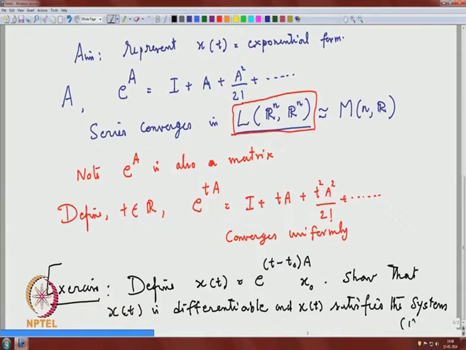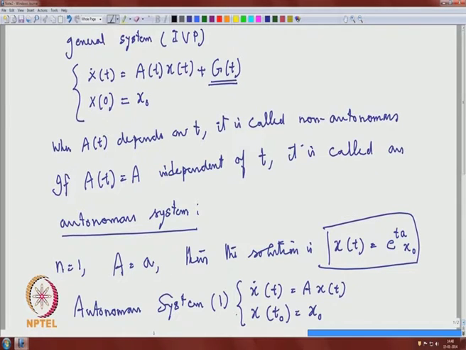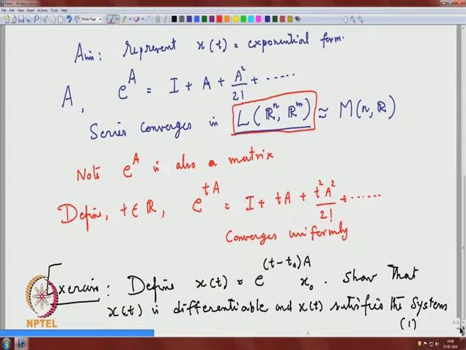What is system 1? This is the system 1. So, you just compute x dot of t, you can see that x dot of t is nothing but a of x t, and definitely x at t naught is easy to see: when t is substituted for t naught, the first term here will be identity.